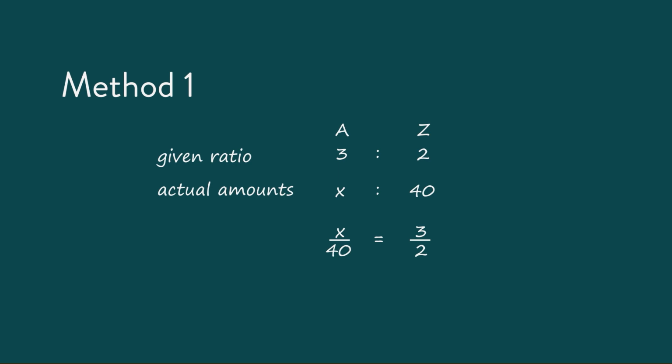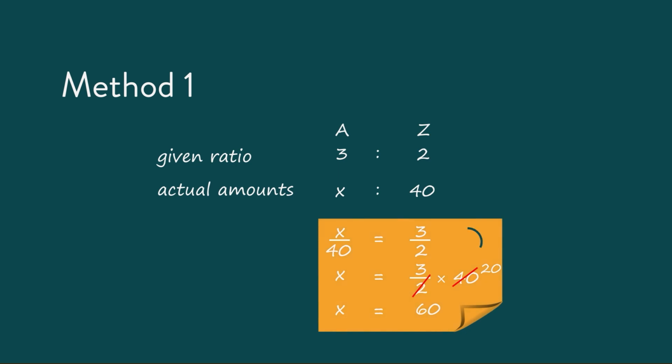Divide by 40 is removed by multiplying by 40, and to maintain equality, the right hand side is also multiplied by 40. So we have X equals 3 divided by 2 times 40. Removing the common factor 2 from 40 and 2, X equals 3 times 20, which equals 60. We'll record this on a sticky note for comparison later.